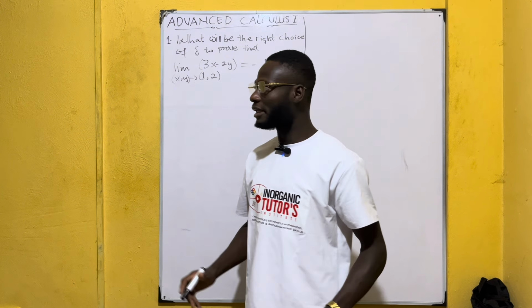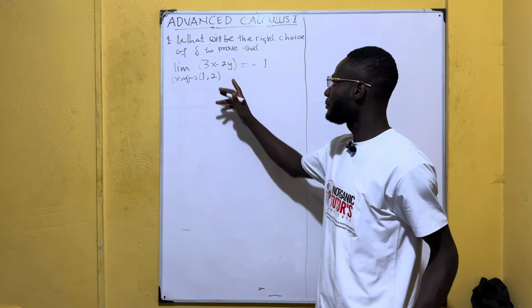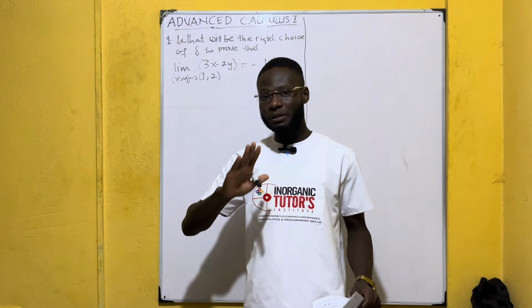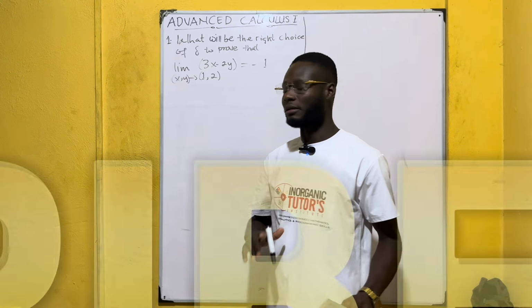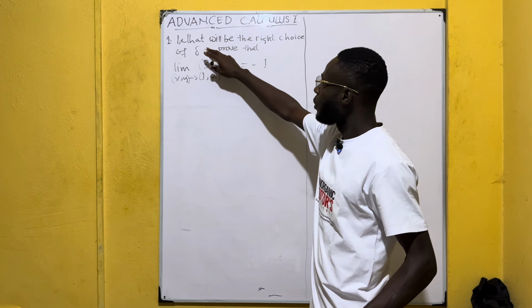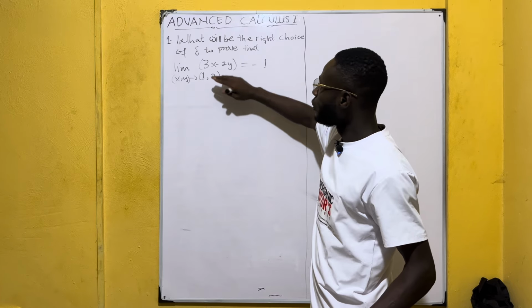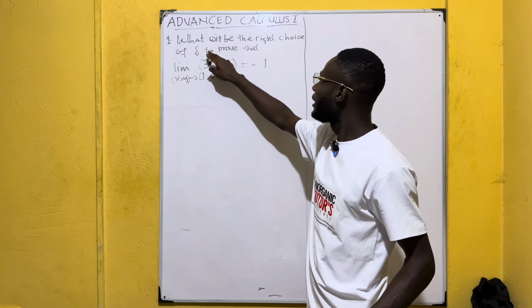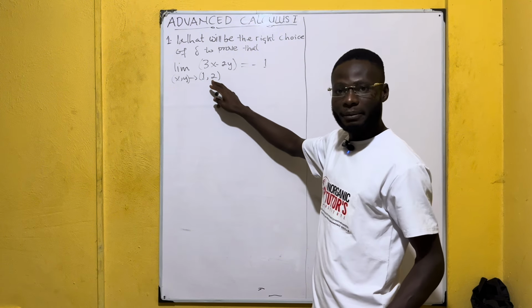Okay, so let's begin with this particular problem. We are going to solve 20 multiple problems. That is a quiz. The first problem wants us to know the right choice of delta to prove this particular limit.